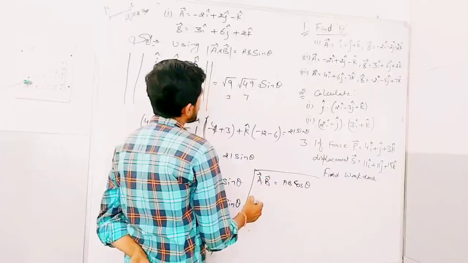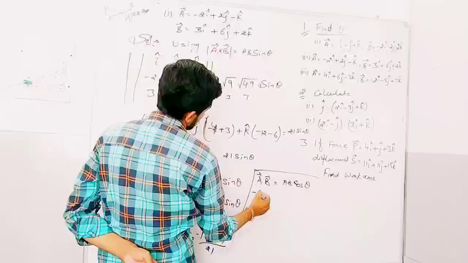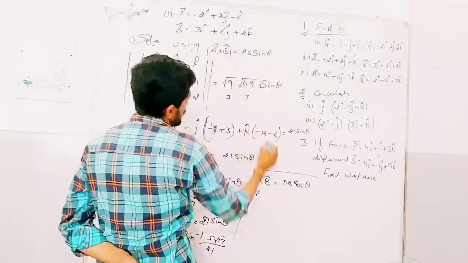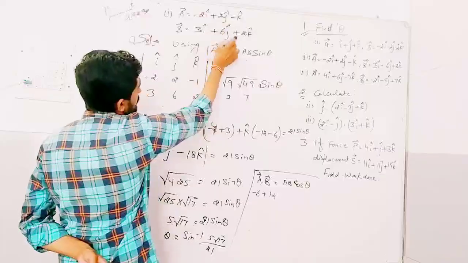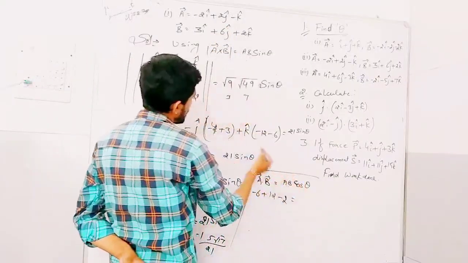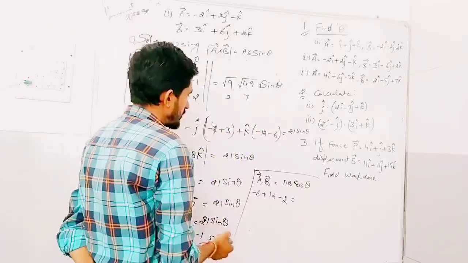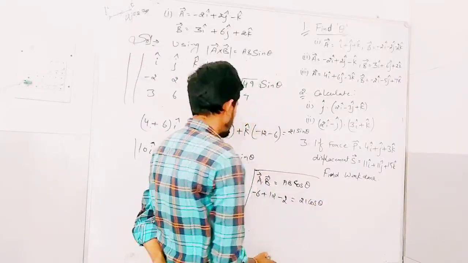Here we have a dot b: minus 6 and plus 12, minus 6 plus 12 minus 2, and this is 21 cos theta.